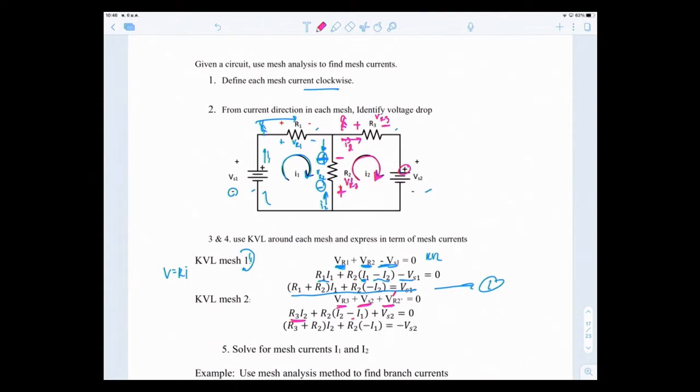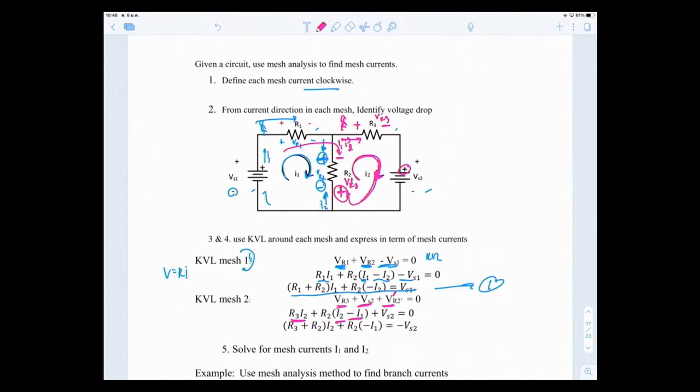Well, there are I1 and I2 going through R2, but in which directions? You're in a pink mesh right now. So you see I2 enters the positive side of VR2 prime, so positive I2. And I1 enters the negative side of VR2 prime, so therefore minus I1.